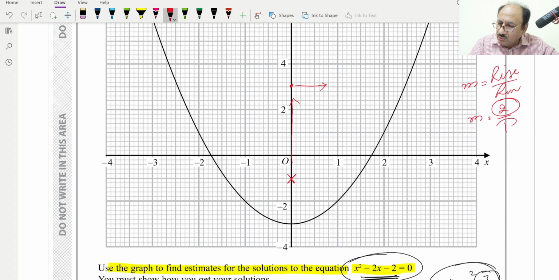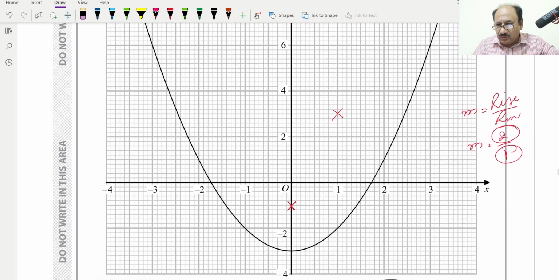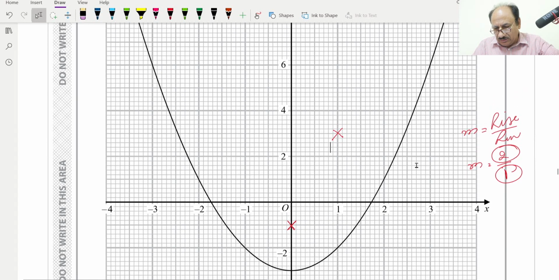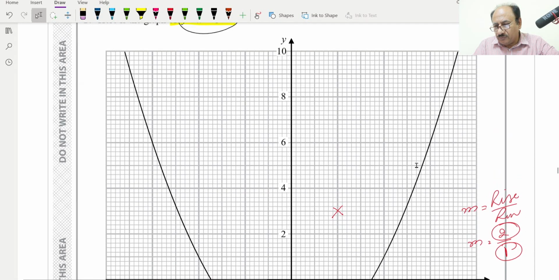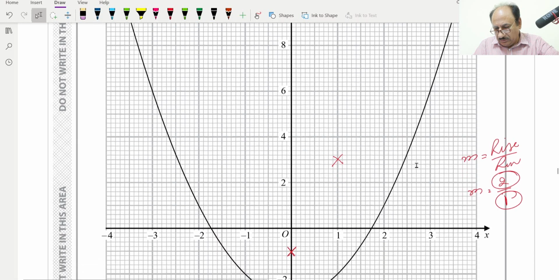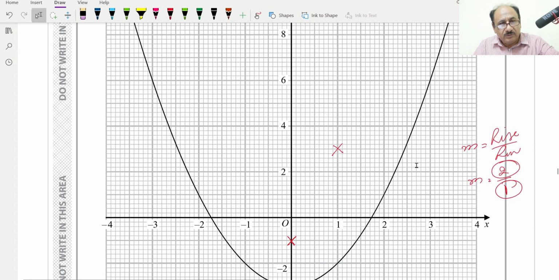So rise is 2 units, run is 1 unit. We have gone up 2 units and right 1 unit, and we got this point. I'm erasing this working which I did for your explanation. So we got these 2 points, and now we will join these points and draw the line like this.